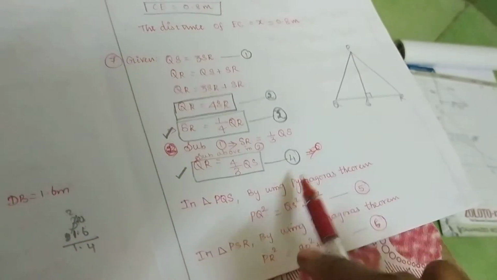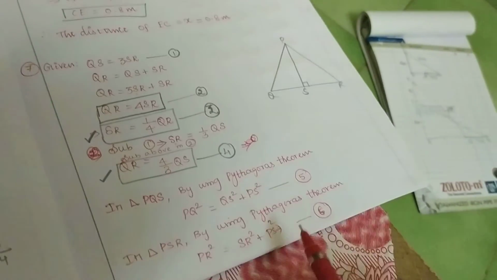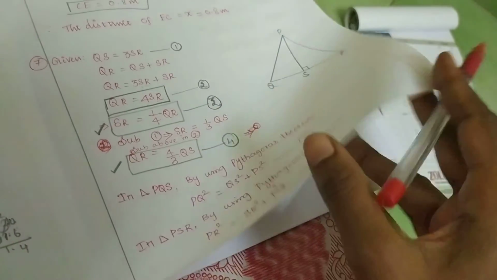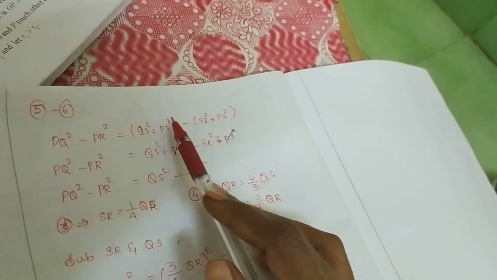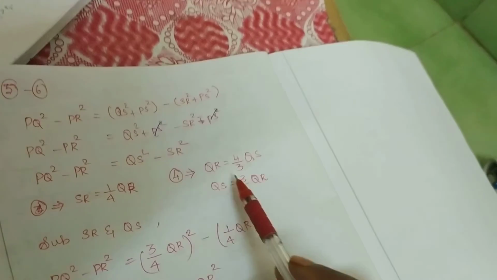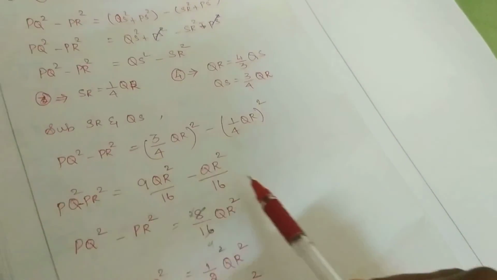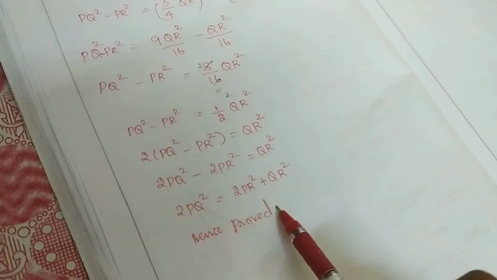That's my fourth equation. Taking Pythagoras in these two triangles, we get two equations. Subtracting them, the PS square terms cancel. We already know QS is 3 by 4 QR and SR is 1 by 4 QR. Substituting and calculating, we get the final answer. Hence proved.